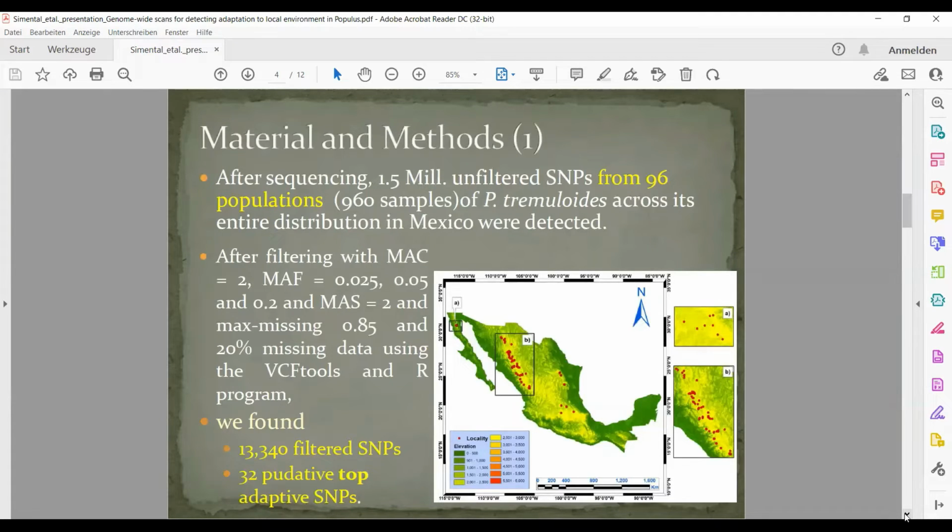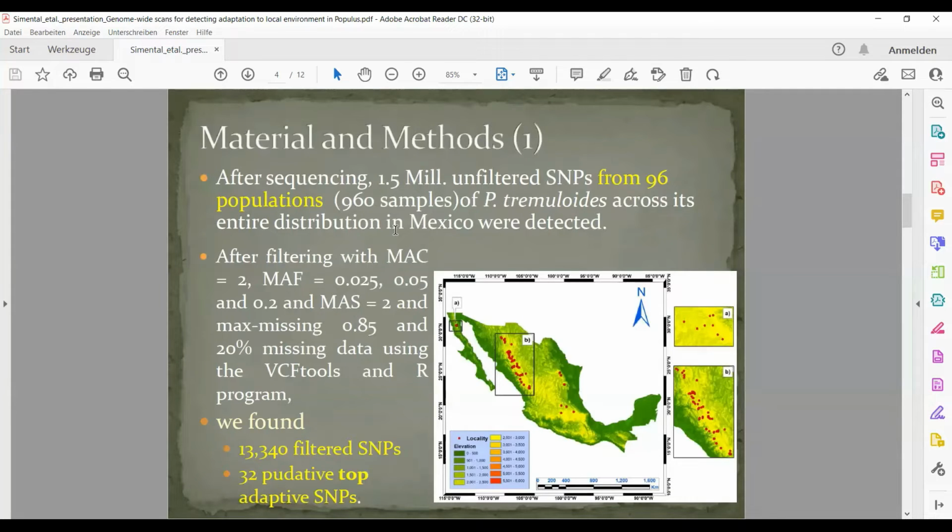We can see small populations in Baja California. Most populations we can find in the Sierra Madre Occidental, and also some populations in the Sierra Madre Oriental. That's here. And then we have some populations too near Mexico City.